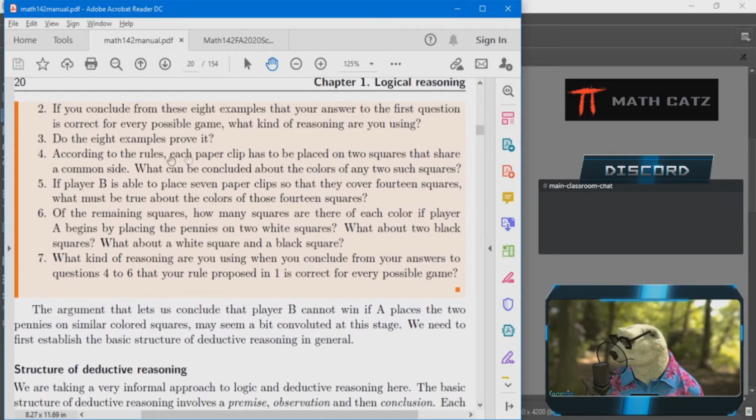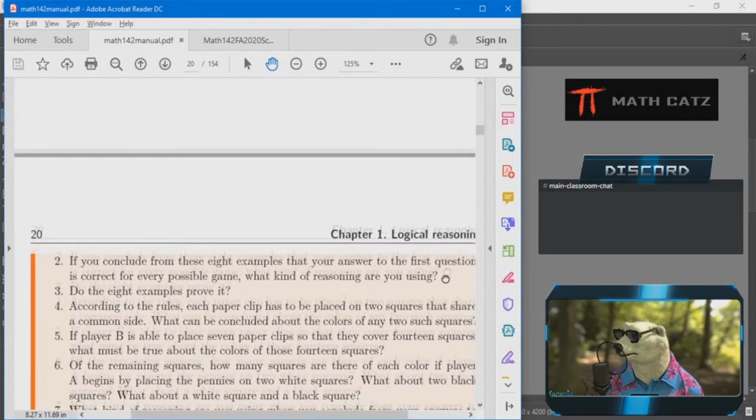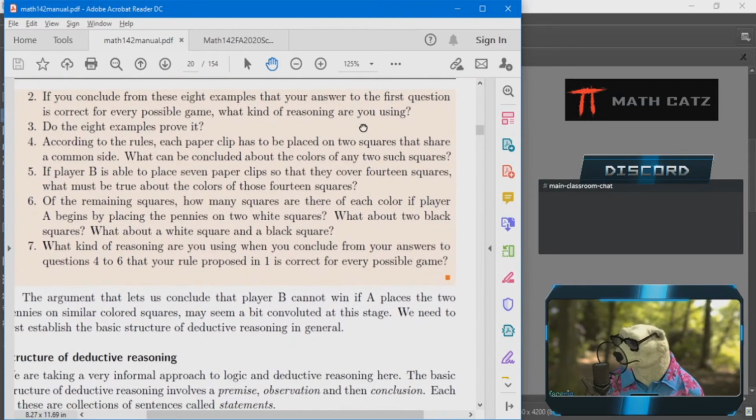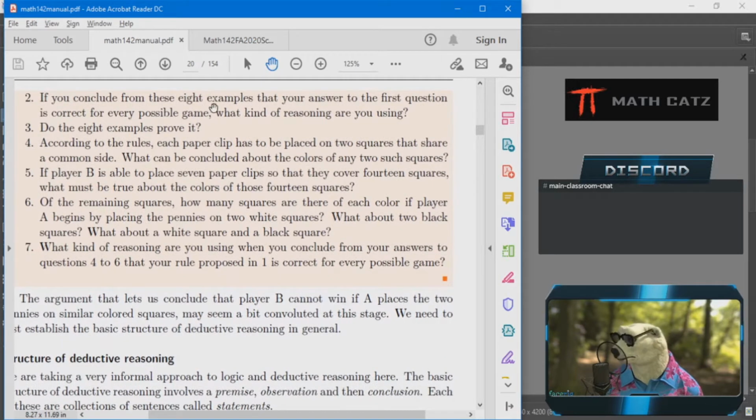If you conclude, number 2, from these 8 examples that your answer to the first question, whether it's yes or no, or I don't know, I notice a pattern, maybe. If I conclude from these 8 examples that the pattern that I think is there is correct for every possible game, what kind of reasoning am I using?